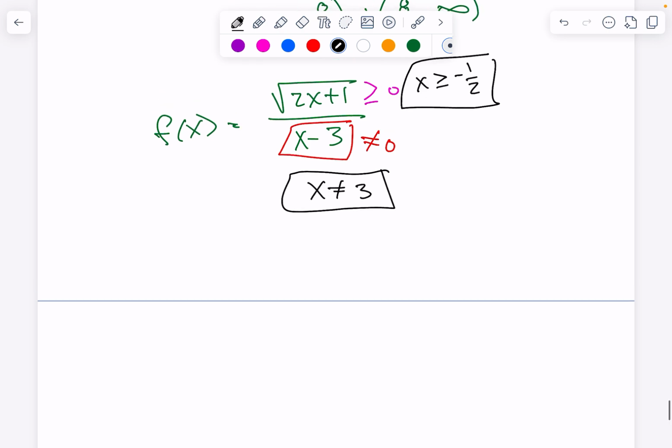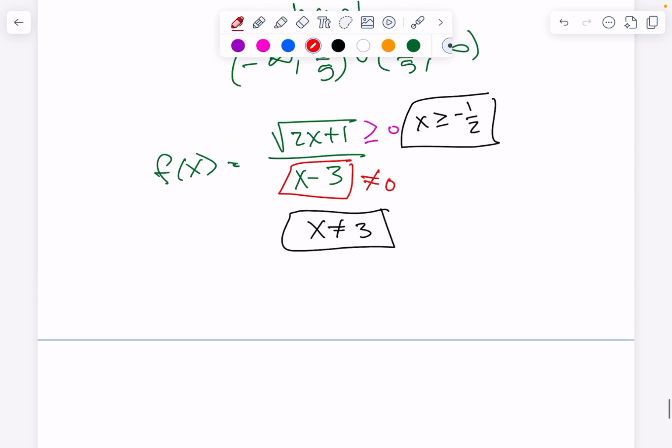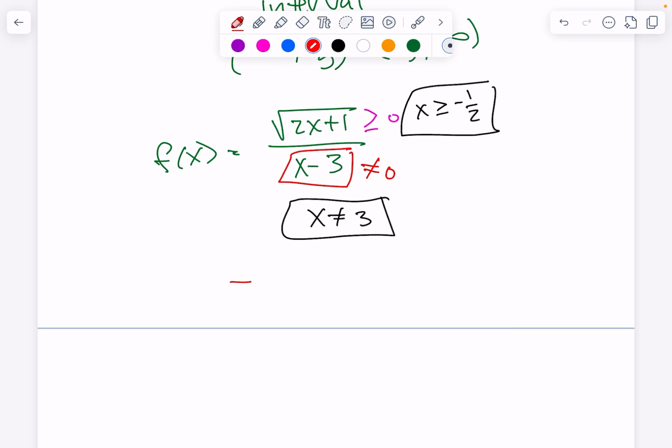I think it's much easier if we do the number line. If we did the number line for the numerator, we'd have negative 1/2, and then it goes to infinity.